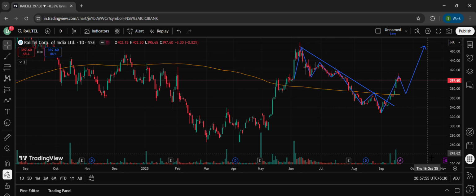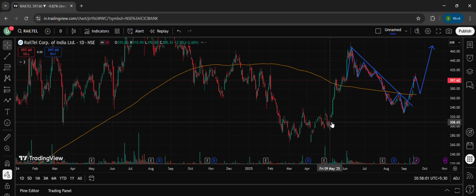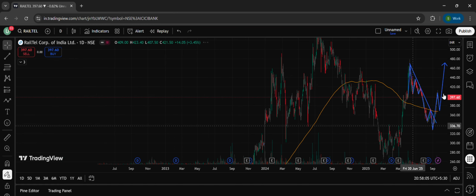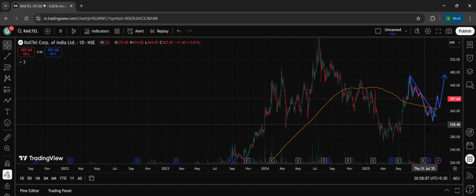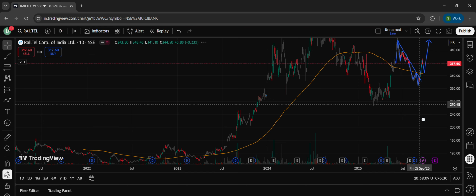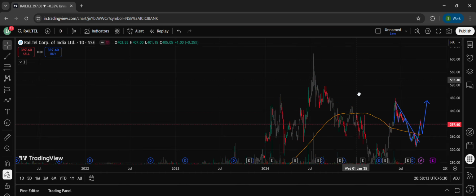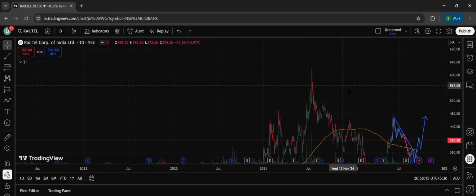Now, if you look at this RailTel, this stock has been in a downtrend after a rally. If we zoom out, it has given a nice rally and achieved an all-time high of around 600.